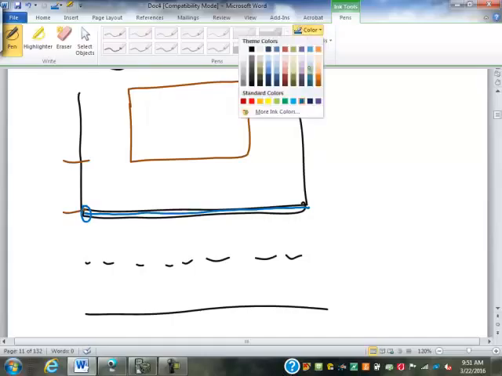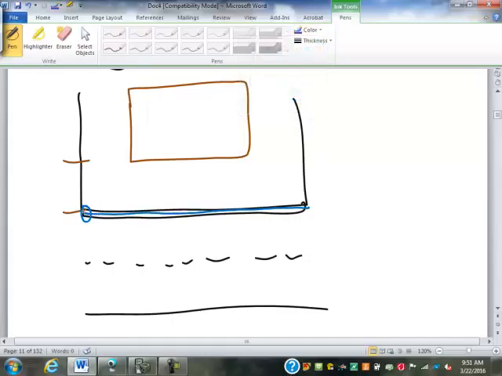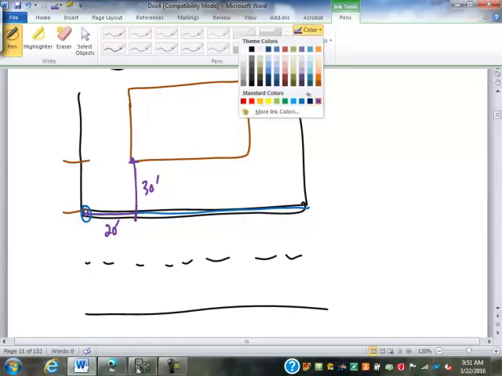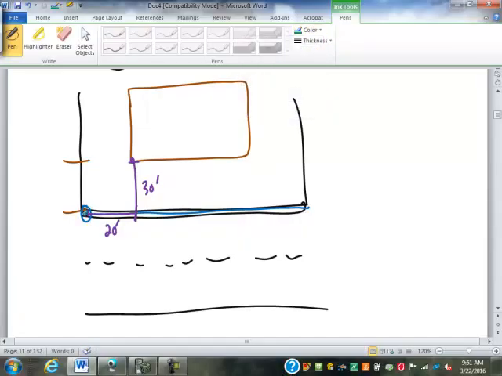Now let's say that I want this corner of the house, if I'm set up at the corner of the lot with my theodolite, to be over 20 feet, so I have my setbacks, and back 30 feet from the edge of the road. Now I'm going to set my theodolite off my reference line. What angle is that going to be?